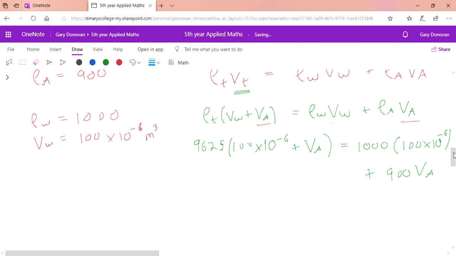And the only variable you don't know in that equation is VA, so if you solve that, and you can pause it and solve it yourself, you should get an answer of 60 times 10 to the minus 6 meters cubed.